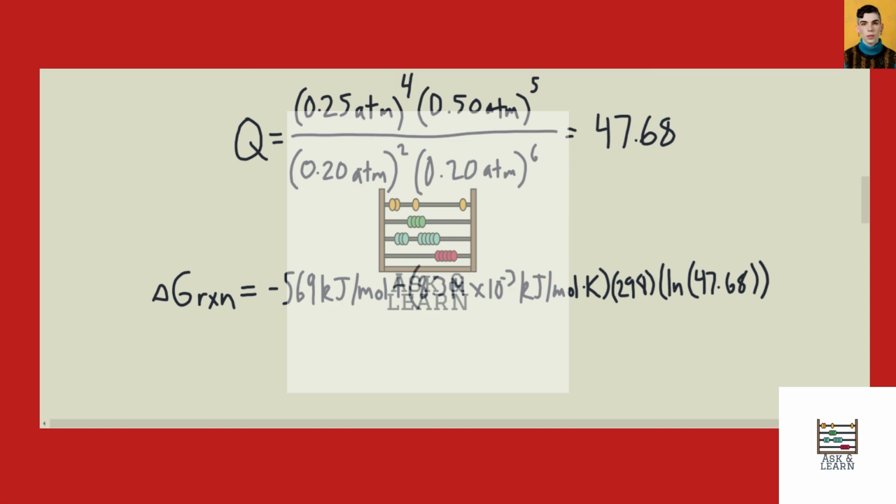And again, when we cancel off units of Kelvin, this is temperature in Kelvin, we are left with units of kilojoules per mole for delta G of reaction.